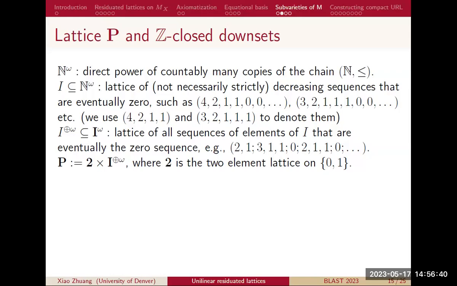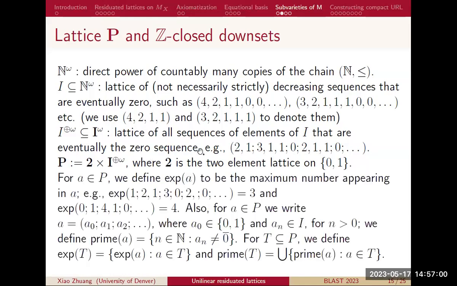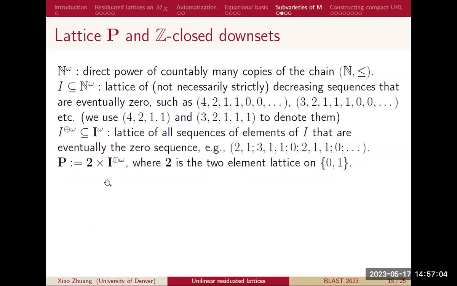So here, if we check the sequence, actually this is a sequence of sequences. We use a semicolon to separate the finite sequences, and we use a comma to separate the elements in the finite sequences. So this is an example in the set I to the plus omega.